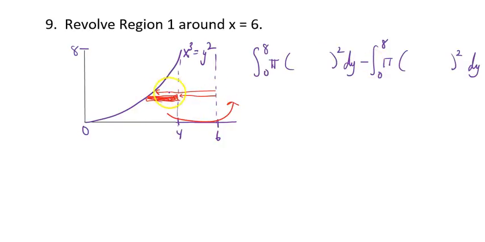Okay, we're going to do the long one minus the short one. The long one goes from 6 to the function. So it will be 6 minus the function in terms of y, so y to the 2/3. The short one goes from 6 to 4. And you can write 6 minus 4, or you can just go ahead and figure out that that's 2, because that's an easy one. And so that's how you set it up.